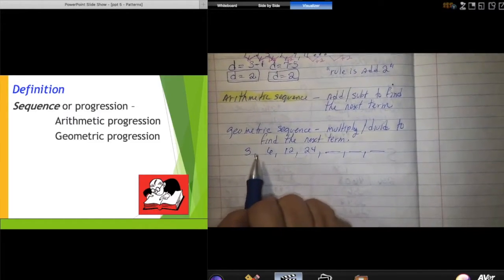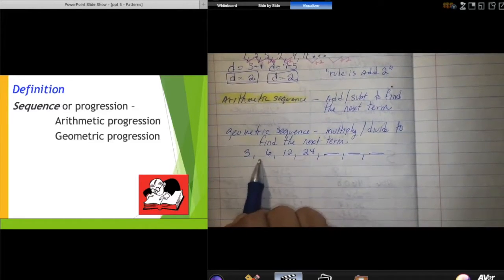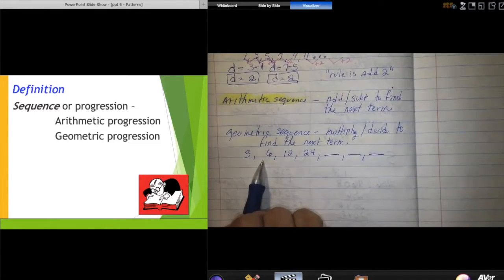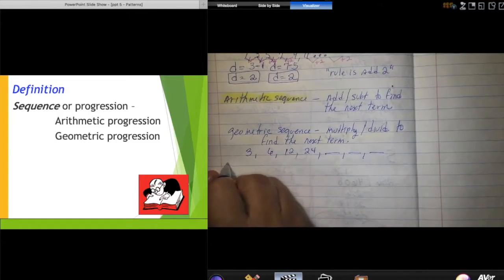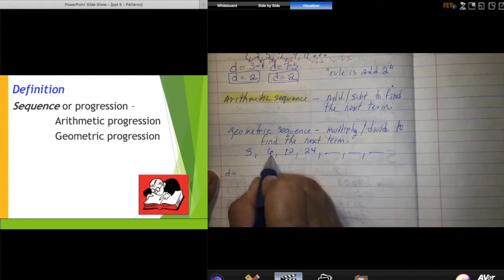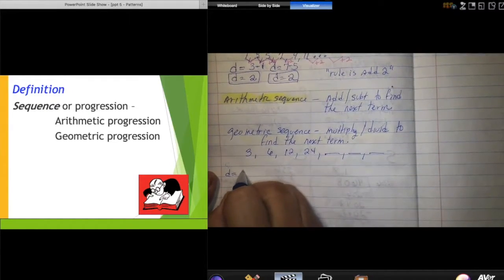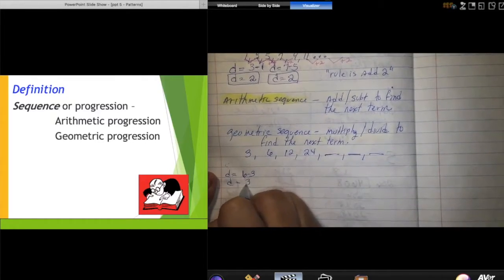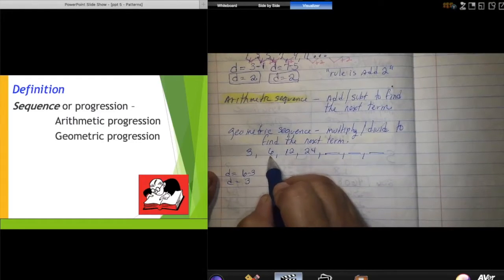Okay, so we are given some type of sequence and we have to determine what it is. Now my first instinct is to try to subtract. Let's look at it as an arithmetic sequence. I get my second term and I subtract it from my first term. Okay, 3 plus 3 is 6.